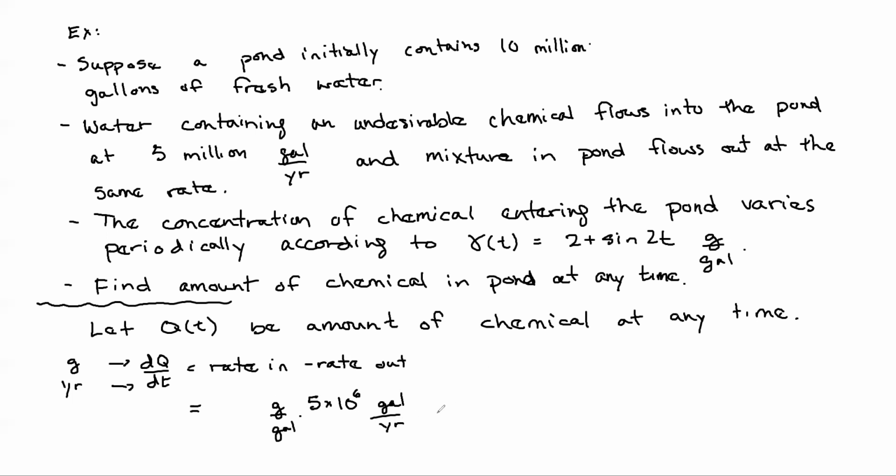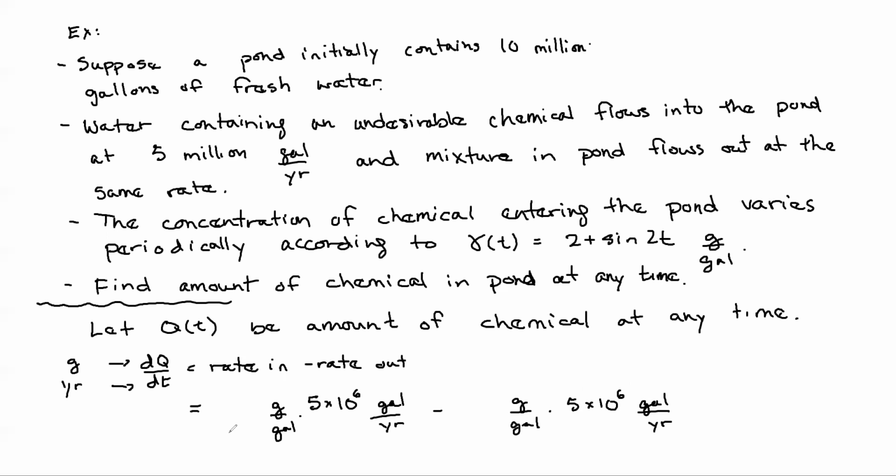And then minus, and we have to figure out the same thing over here. We have grams per gallon, and then we're told that the mixture flows out of the pond at the same rate. So we also get 5 times 10 to the 6th gallons per year.